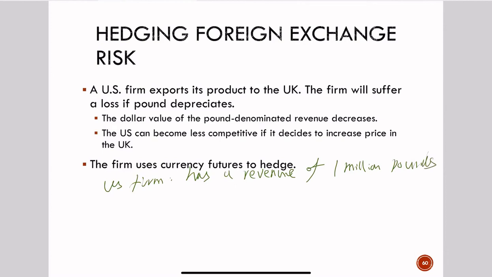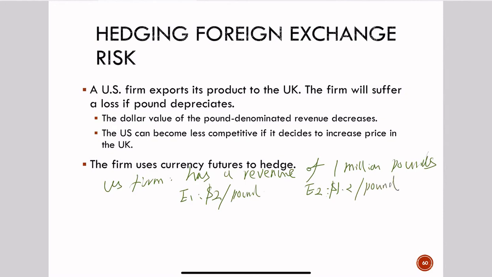So let's think about two exchange rates. For the first exchange rate, it is $2 per pound. And for the second case, it's $1.2 per pound.